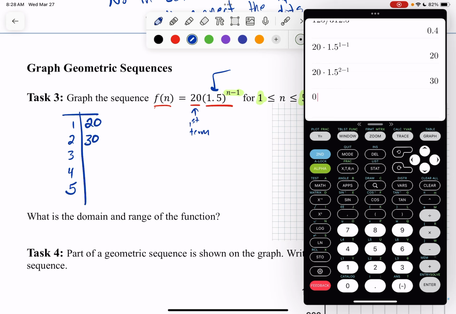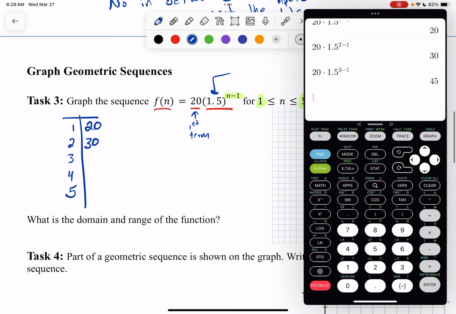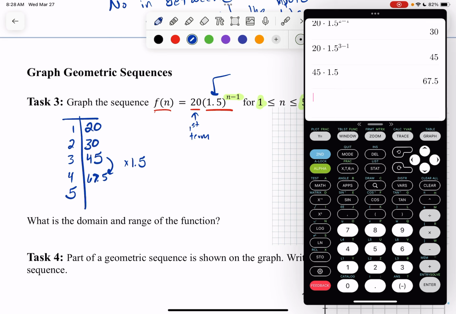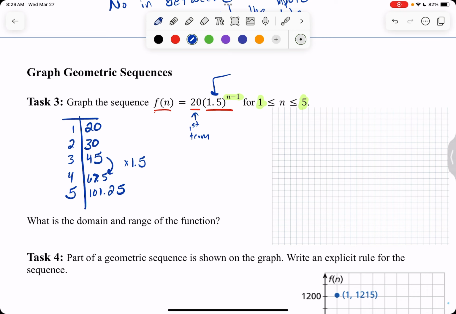Basically, I'm multiplying by 1.5 each time. 1.5 to the 3 minus 1 is 45. And so I could get it by just multiplying by 1.5 each time. So I could take 45 times 1.5 is 67.5. 67.5 times 1.5, 101.25.